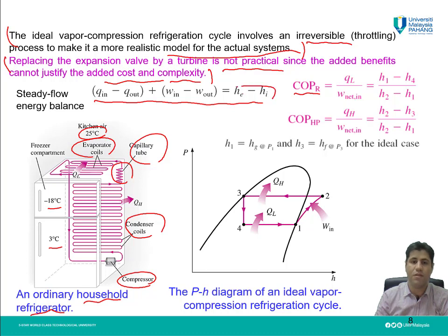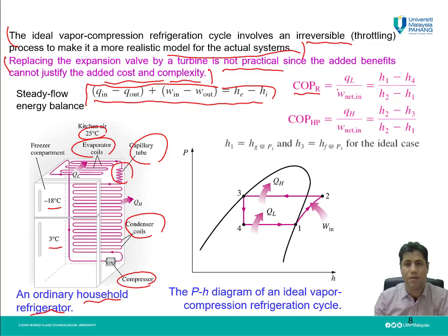This will be the energy balance equation for steady flow devices. Then we need to write this equation, which is based on the first law of thermodynamics, for all of these components. If we write this equation for all of those components, finally we can find COP for the refrigerator like this.